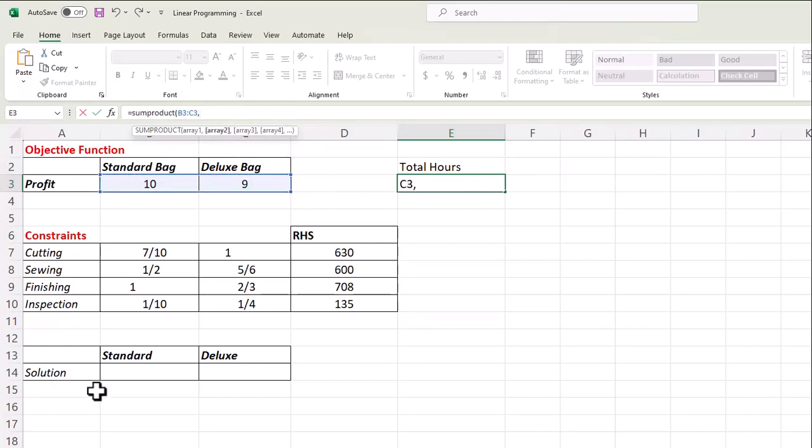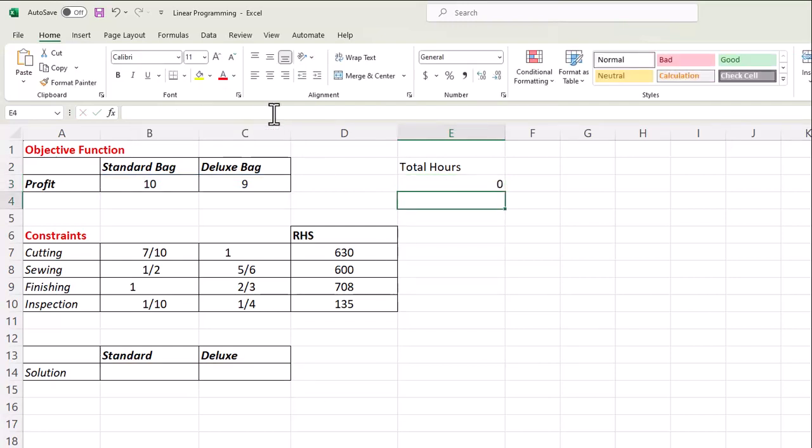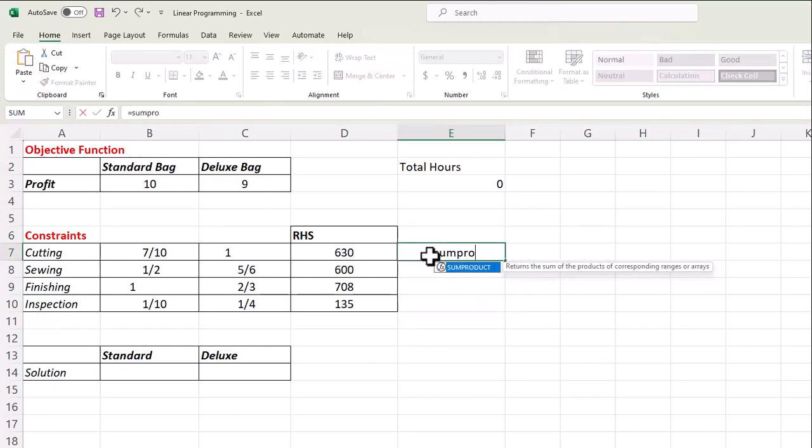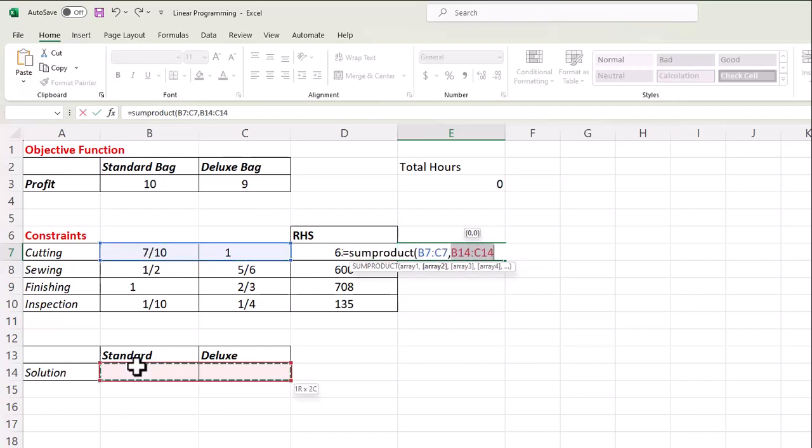We will make two arrays because this one is x1 and this one is x2, and we have these 10 and 9 from our question. So we are going to find out the answer to that. Similarly, we will write sum product using these two arrays and these two.